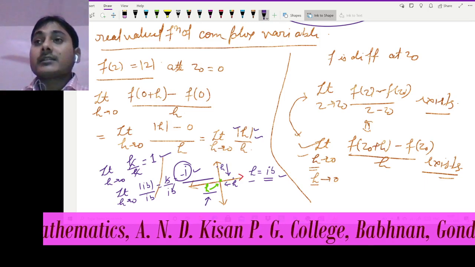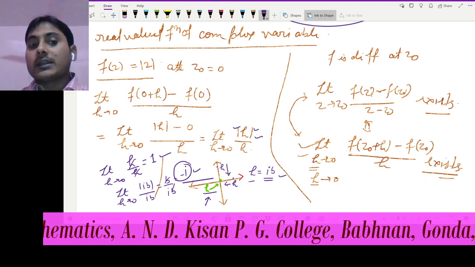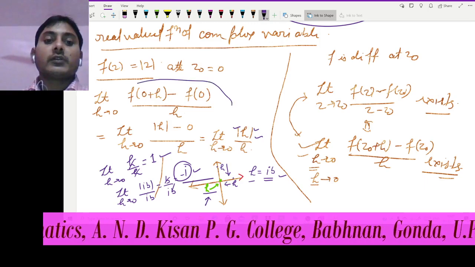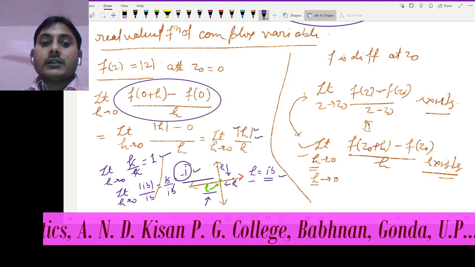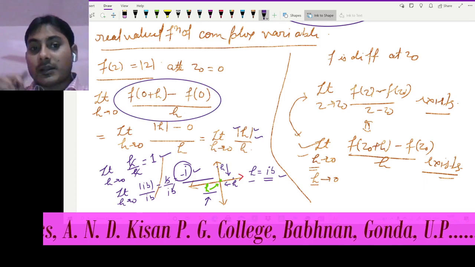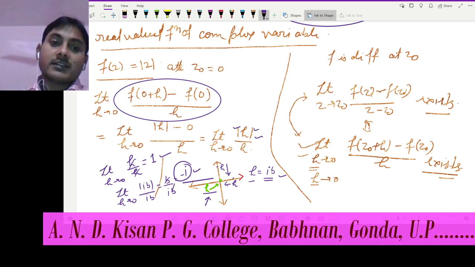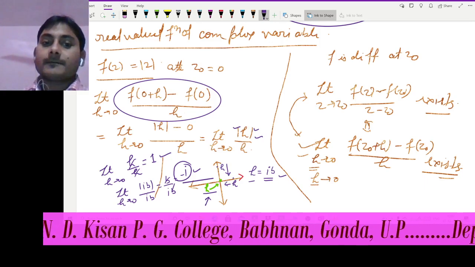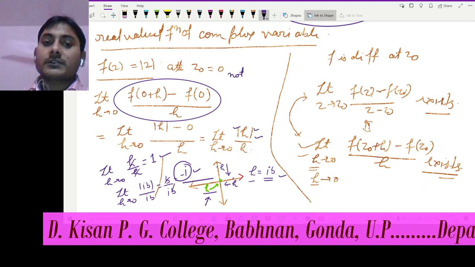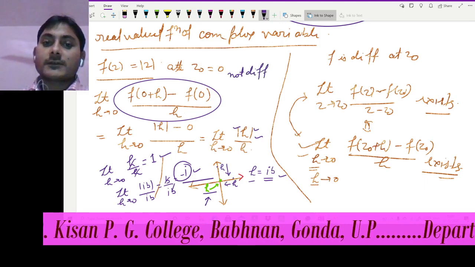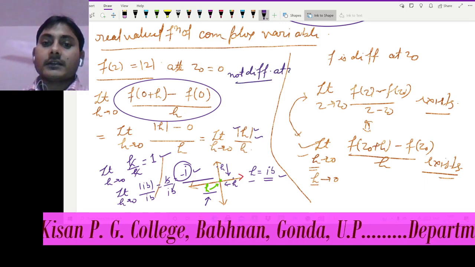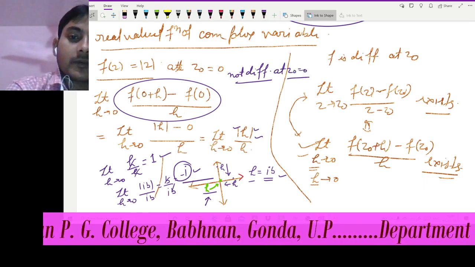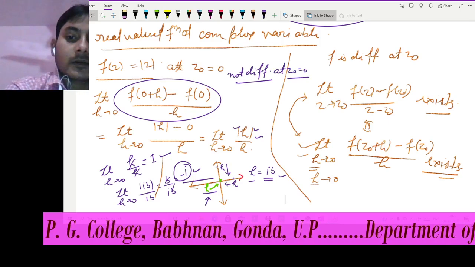It means the value of this particular limit is not unique. So that is why you say that this particular function is not differentiable. So our conclusion is what? This is not differentiable at z not equal to 0.